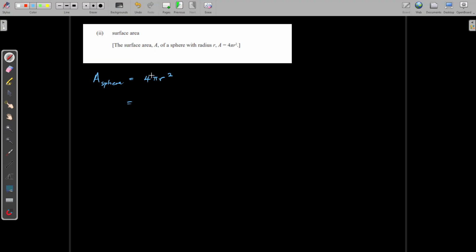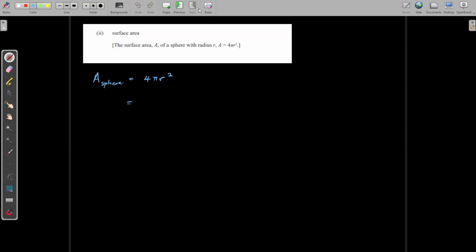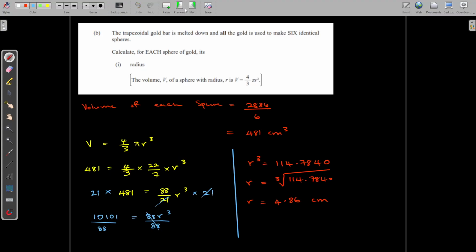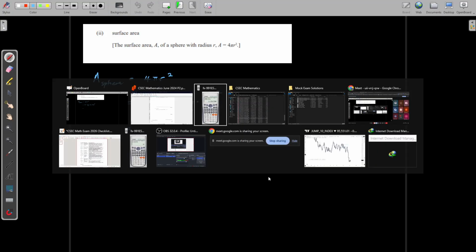So we know what r is. That's the purpose of finding r. So we can substitute it. So 4 times 22/7 times 4.86 squared. So after plugging this in your calculator, this will give you the surface area for each of them.